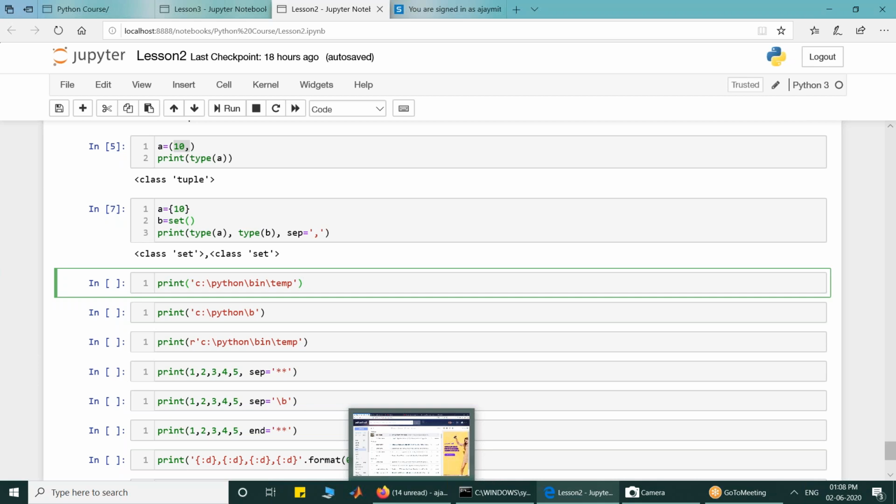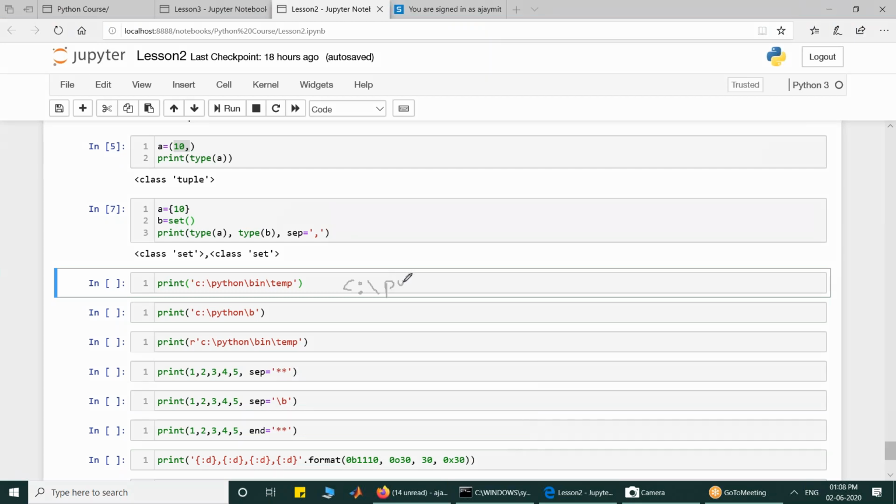Yes, Arnav, you have rightly said. I'll just write down, this is going to be C, Python, and this \b is backspace. So the cursor will come from this position to the position below n.